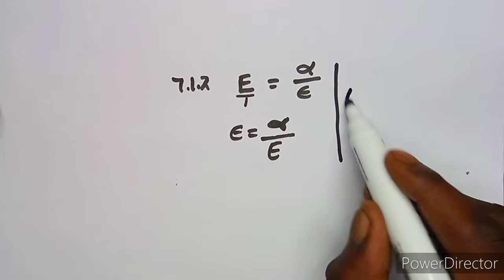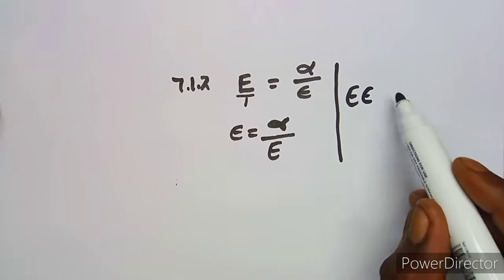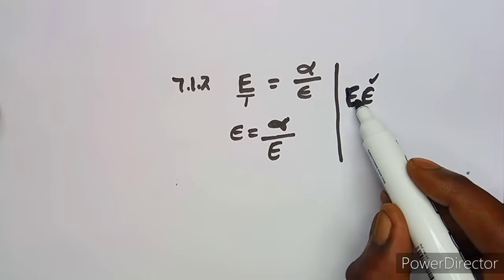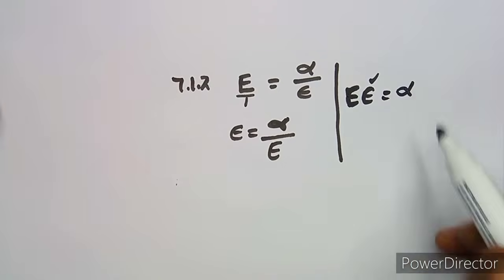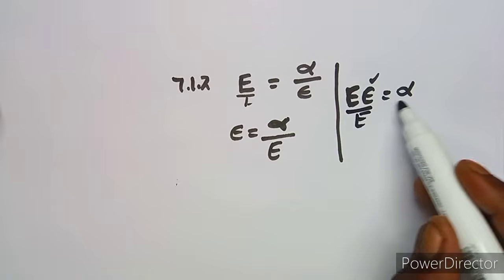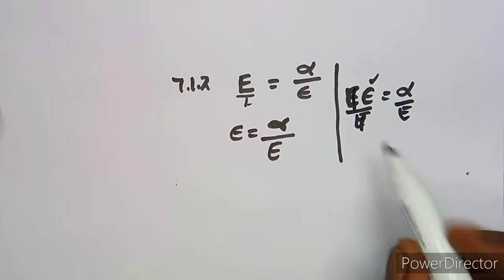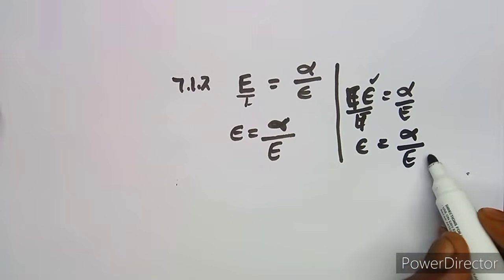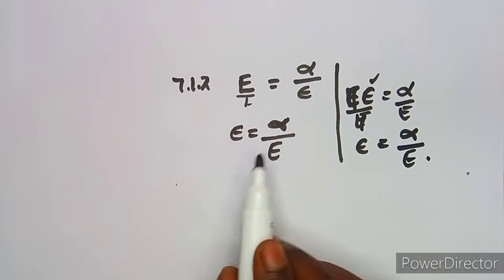If you cross multiply, it's going to be like this, where this is your strain and this Young's modulus is equal to the stress. So you divide here, as you can see, so that you're left with the strain, which is stress over the Young's modulus. As you can see, that is the case, guys.